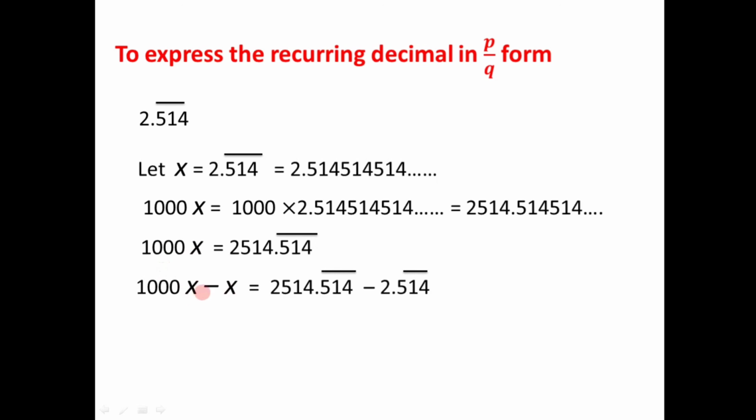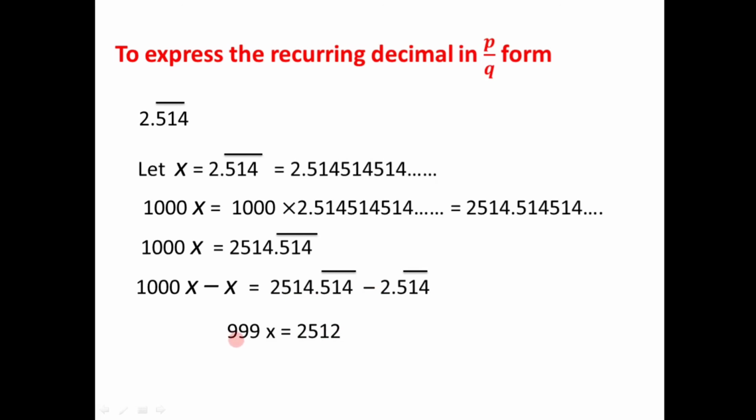Now again in the same way we have to subtract the first equation from this one. It is 1000x minus x, that is equal to 2514.514 recurring minus the right hand side of equation 1, which is 2.514 recurring. Here also 514 recurring will cancel each other. 1000x minus x, that will be 999x, is equal to 2514 minus 2, that will be 2512.